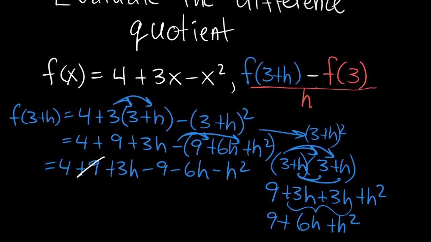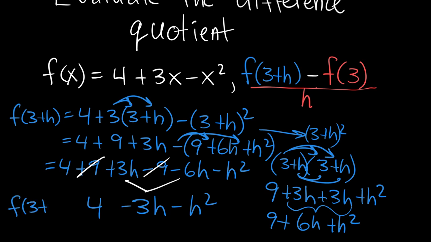These two cancel each other out, and these combine to get you negative 3h. We have minus h squared that didn't combine with anything, and we have 4. So that is f of 3 plus h. I'll write that up here. So f of 3 plus h is equal to that.